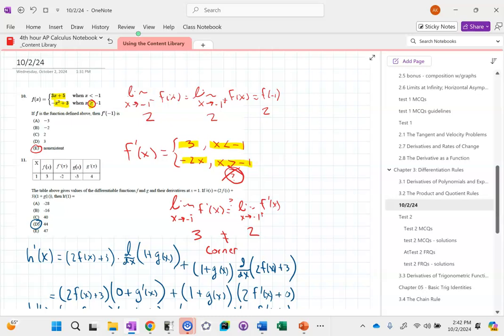Can a derivative exist at a discontinuity? No. So again, the three places where a derivative will fail to exist are if f is not continuous at a, if f has a corner at a, or if f has a vertical tangent at a.